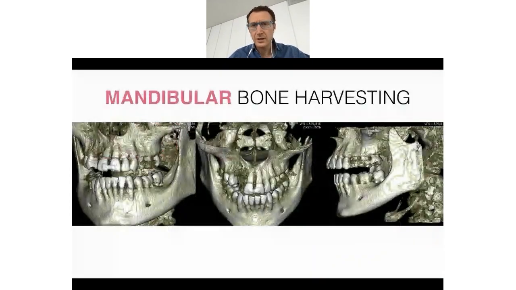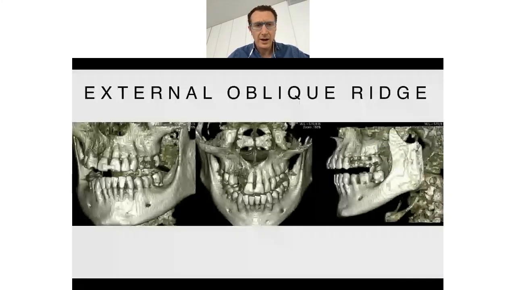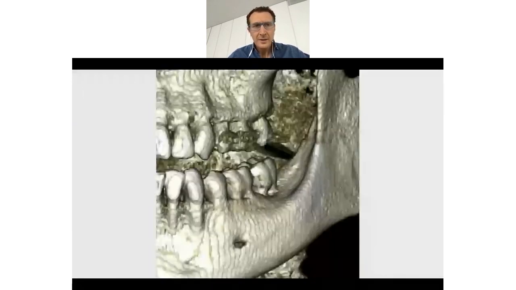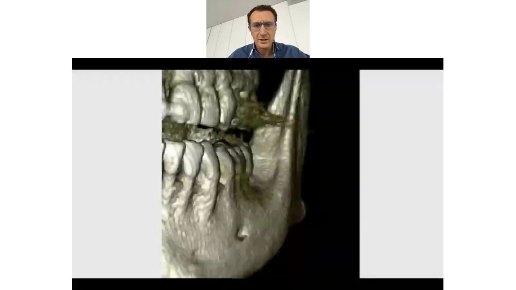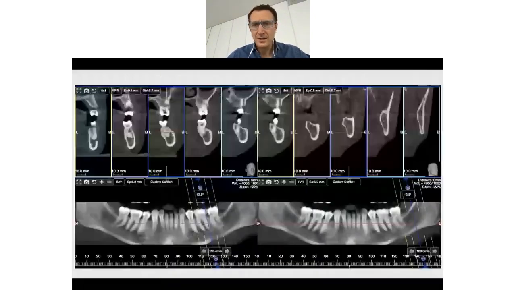And we know, probably you have already seen in some lectures, that the mandibular area is where we harvest the bone, and particularly the retromolar area or the chin area has been described in the literature. Now, we just concentrate a little bit on the external oblique ridge to underline one aspect, because this is the area where we usually harvest the bone, which is a lateral aspect of the alveolar crest in the direction of the ramus on one side, in the direction of the mandibular body on the other side.